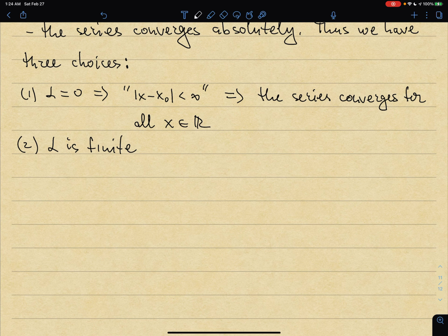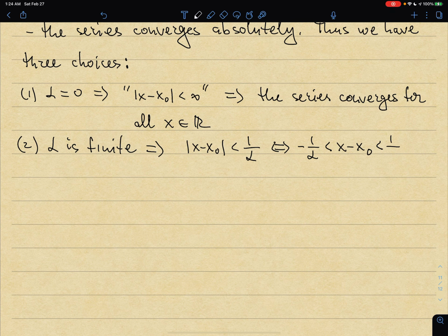If alpha is finite, then |x - x0| is less than 1 over alpha, and that is the same thing as saying -1 over alpha is less than x - x0 less than 1 over alpha. Or, again, this is the same thing, x0 - 1 over alpha is less than x less than x0 + 1 over alpha.